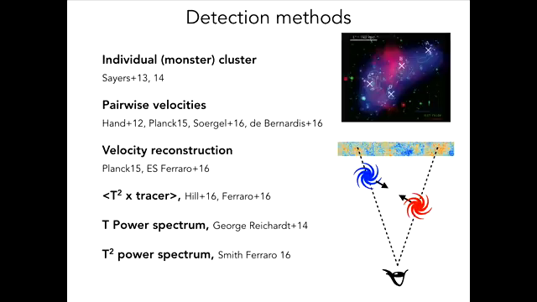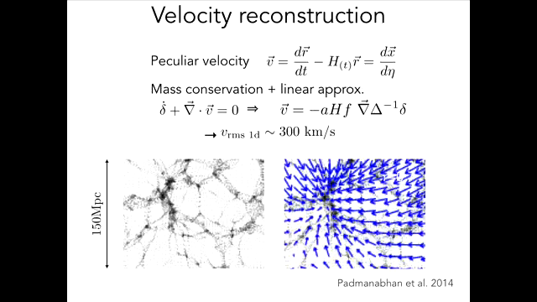Let me now tell you how we get this estimate for the velocity, how this velocity reconstruction works. So far, every time I've been talking about velocity, what I really meant was peculiar velocity. So that's the motion on top of the Hubble flow. And it turns out that because of mass conservation, in the linear regime, which you can just rewrite as this, the variation of the density plus the divergence of velocity is 0.